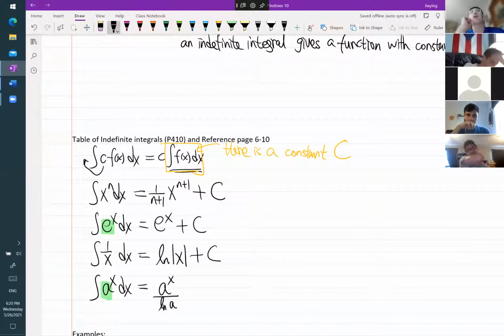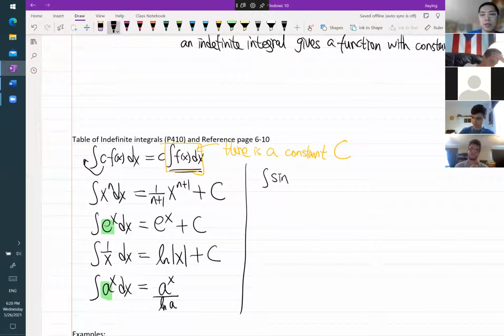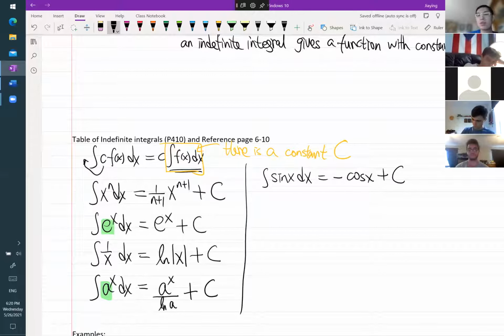What else? And then there's sine and cosine. If we're integrating sine x dx, we end up with negative cosine x plus a constant c. I forgot a c here.